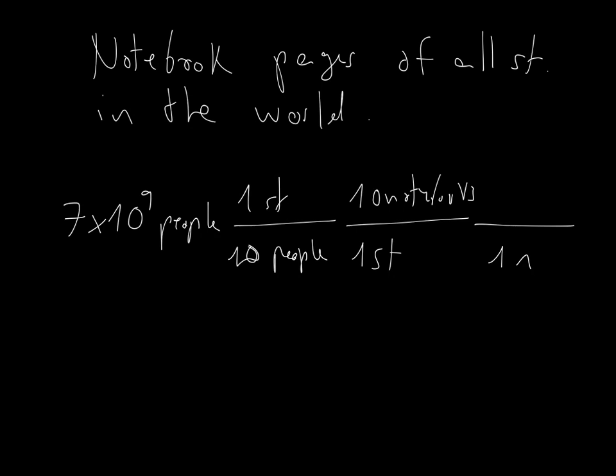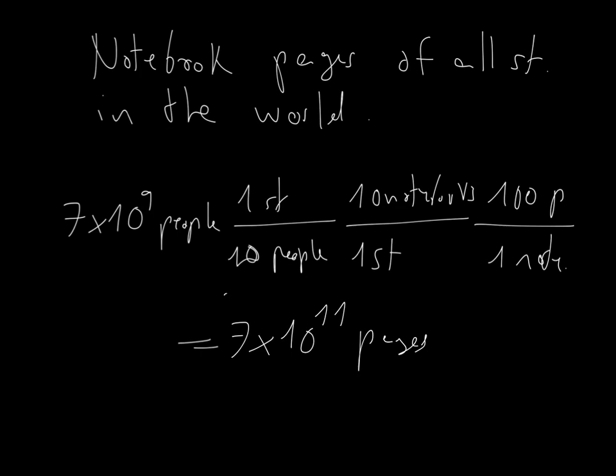So 1 notebook will have 100 pages. And then I just multiply it all out. This 10 goes with this 10, so it's this times this. So I get 7 times 10 to the 11, or 700 billion pages.